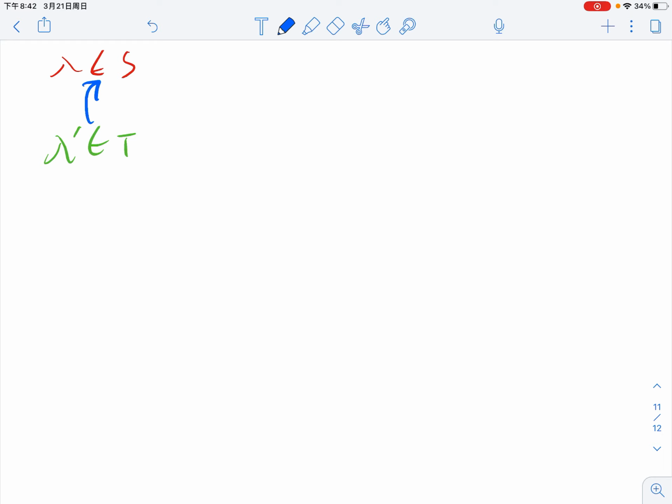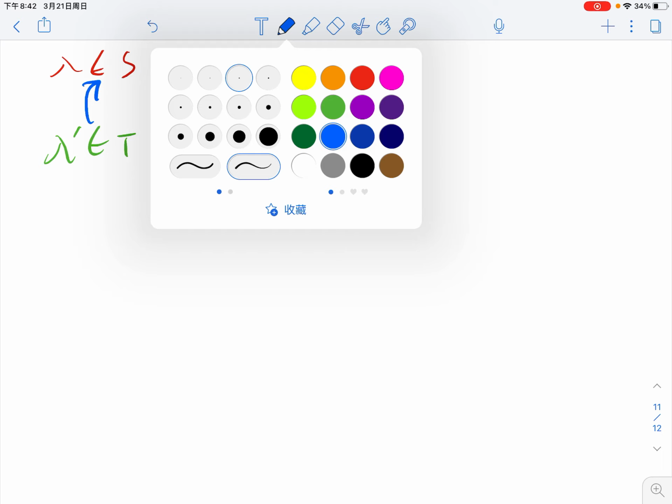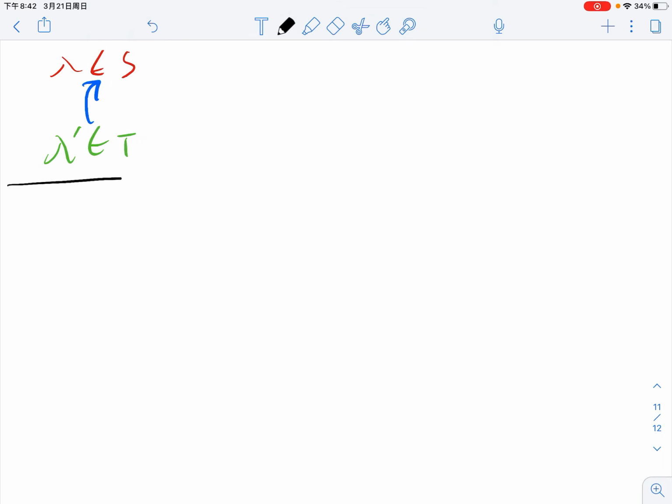So next, we are going to talk about the very important Euler's pentagonal number identity. So first, recall that we have the following theorem.